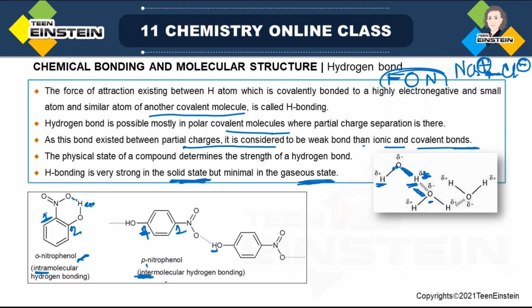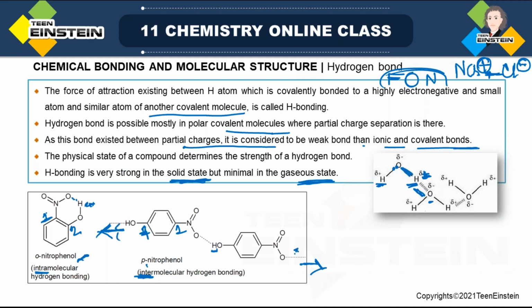Because in the case of the second one, you have to break all these interactions. You are just seeing two para-nitrophenol molecules here, but you can consider this chain continuing on the left hand side and also on the right hand side. Then several para-nitrophenol molecules will be connected to each other through this intermolecular hydrogen bonding, and when you are converting from liquid to boiling state, you have to break all these hydrogen bonds.